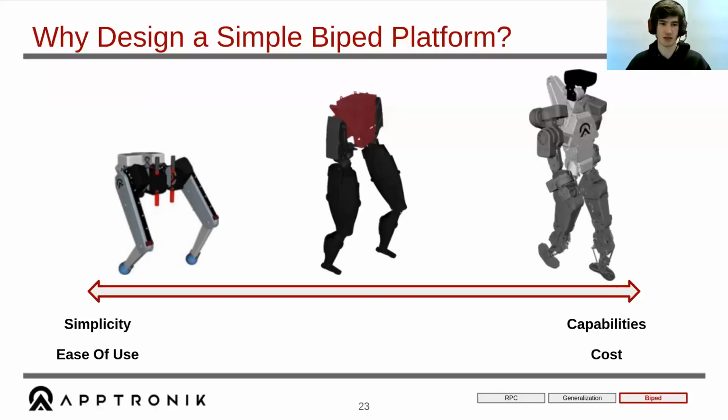It has very simple degrees of freedom. And the reason for that is that it's a simple robot and it's easy to use. Eventually, we want to move to a full humanoid that's capable of grabbing objects, opening doors, going upstairs, everything. But the simple robots are also much cheaper to work with. You can iterate much faster.